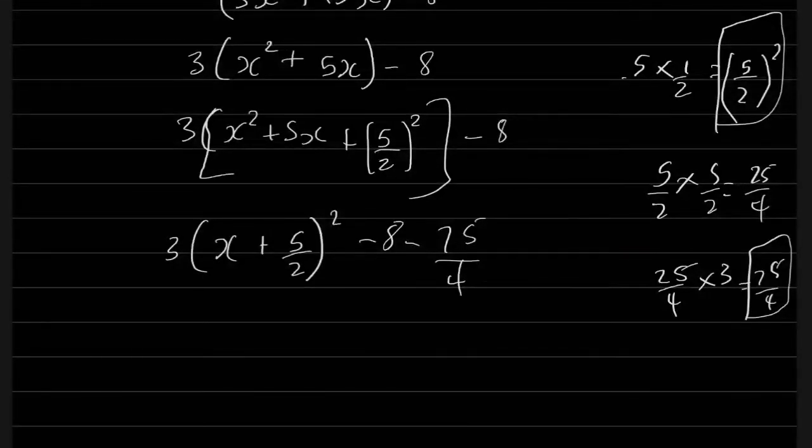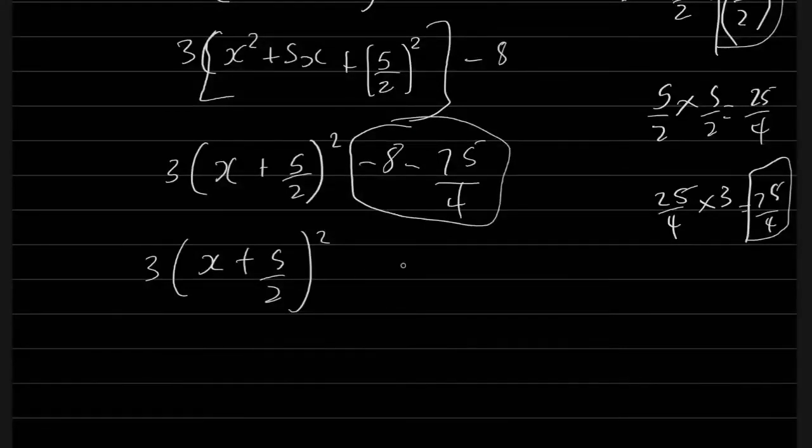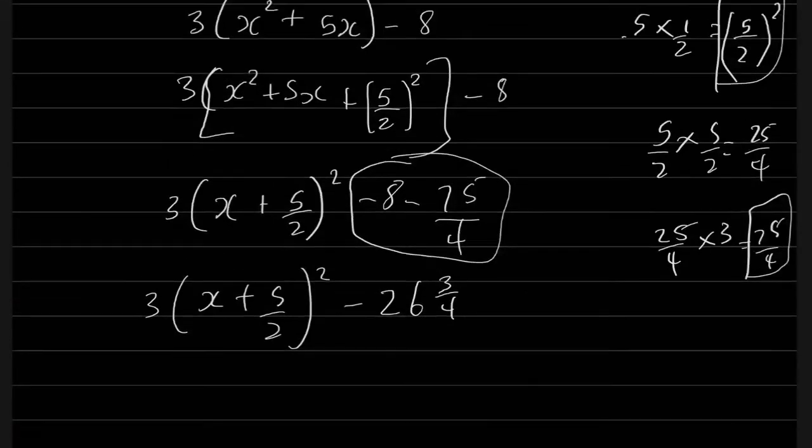When we subtract 75 over 4 from that minus 8, we'll have 3 open bracket x plus 5 over 2 all squared, and we'll get a value of negative 26 and 3 over 4. And that is how we complete the square.